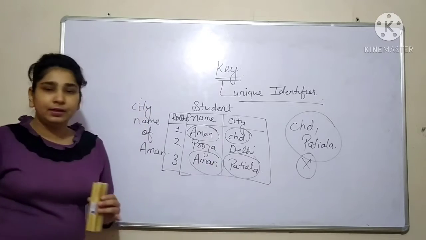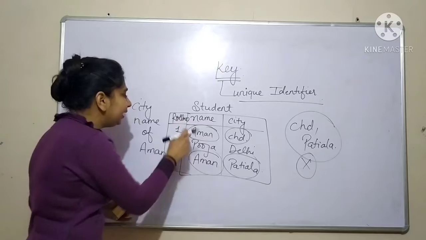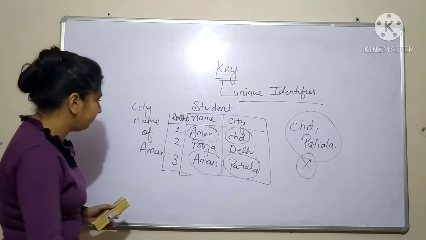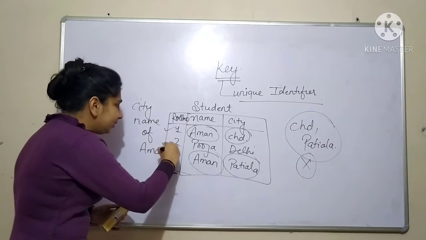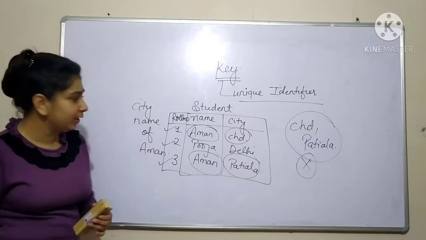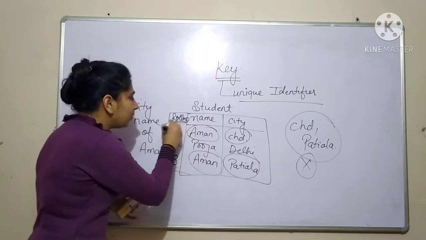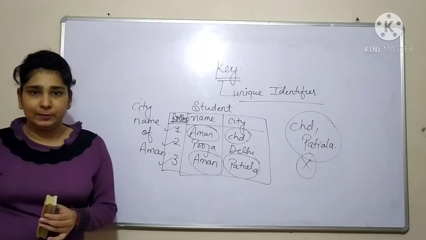Suppose each student of this table is given a different, unique roll number. Roll number is different for each and every student, so you can call this roll number the key for this table.